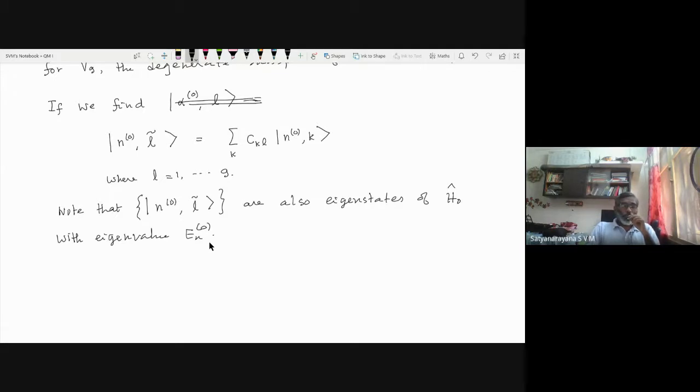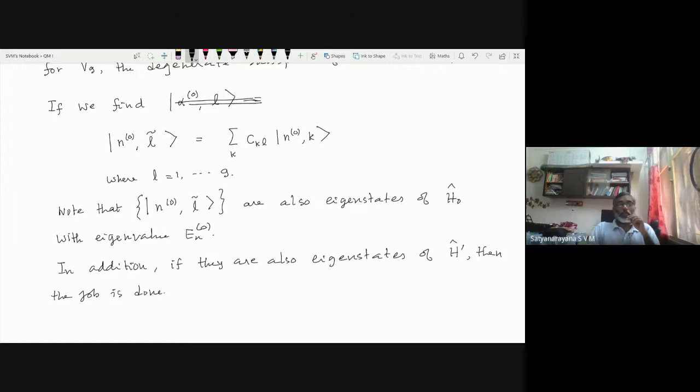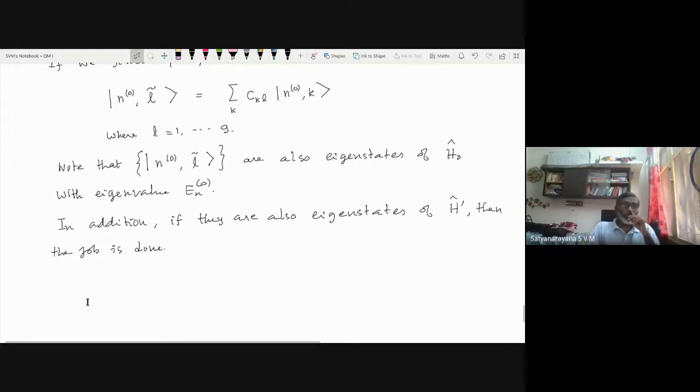Now, in addition, if they are also eigenstates of H prime, then the job is done. That means we must find, okay, so that means what?